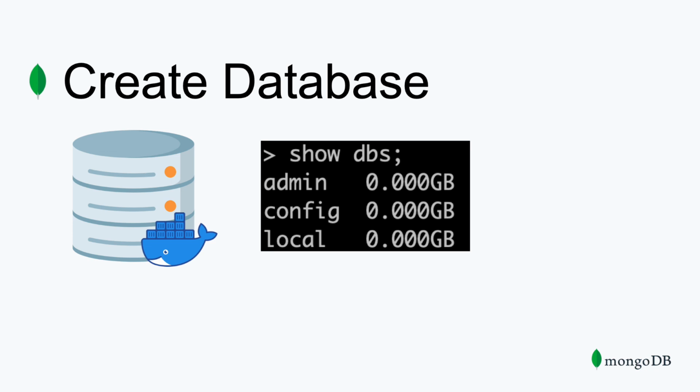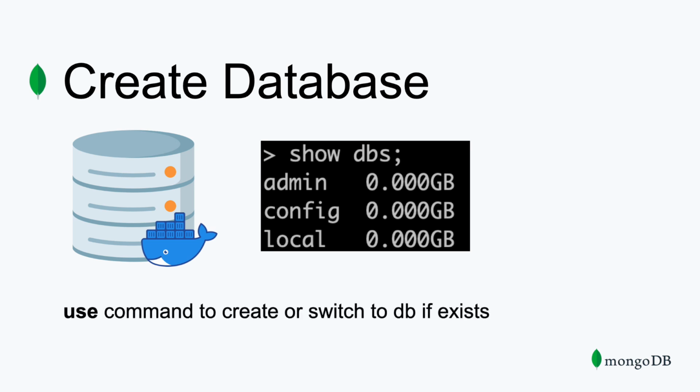These are the default databases that come with MongoDB, and you can see the total disk space that they take. Initially it's all 0 because they are empty. Now, in order for us to create our own database, we can use the use command. Use will create or switch to a database if it already exists.